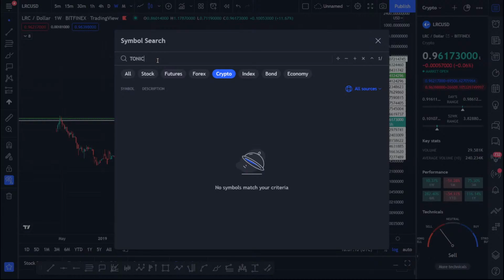TONIC. Is there a ticker? Is there a symbol for Tonic? Because it's not coming up. Let's see. Nope, it's not there. If you want to type the symbol in, that would be great, or I can just search the symbol really quick.